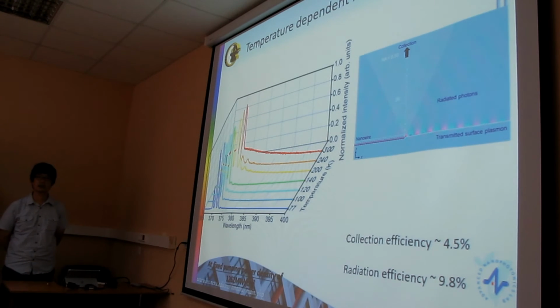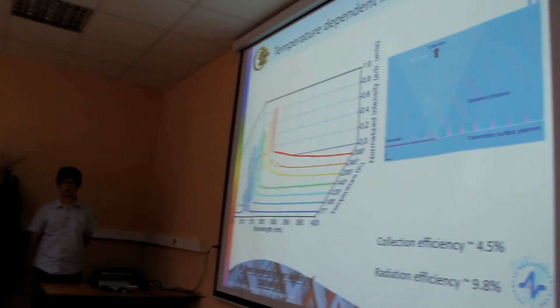The collection efficiency means that the typical surface plasmon is actually bound to the surface, so it will not radiate. But because we have an abrupt surface from the nanowire to the substrate, that discontinuity will create some loss of the surface plasmon mode. So we calculate those leaky radiation modes to the volumes.